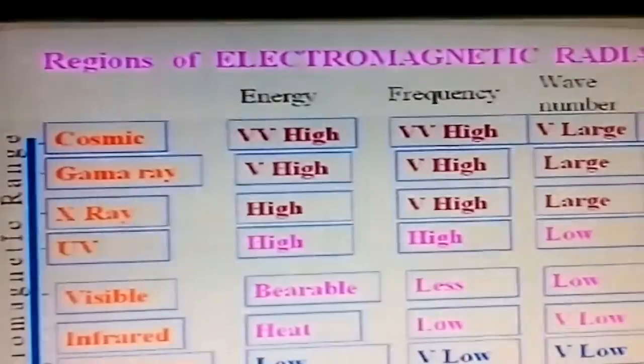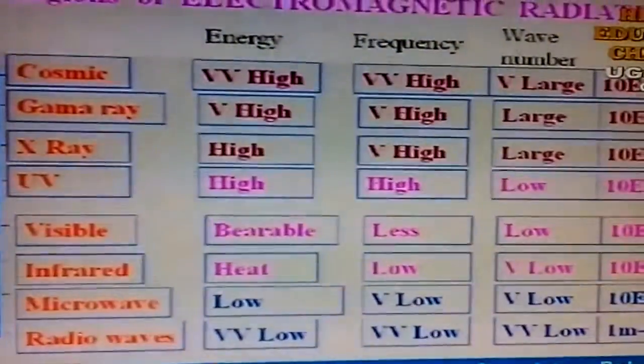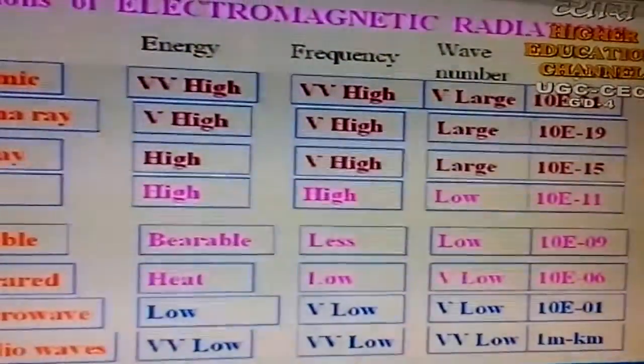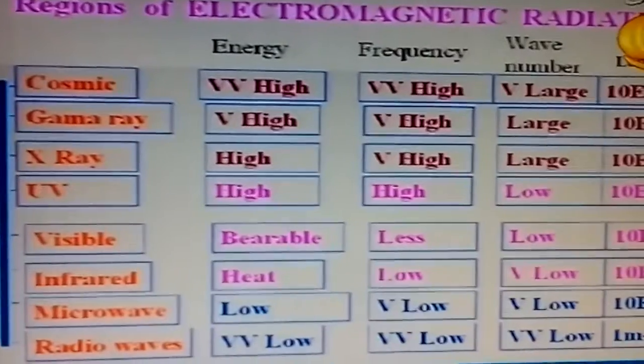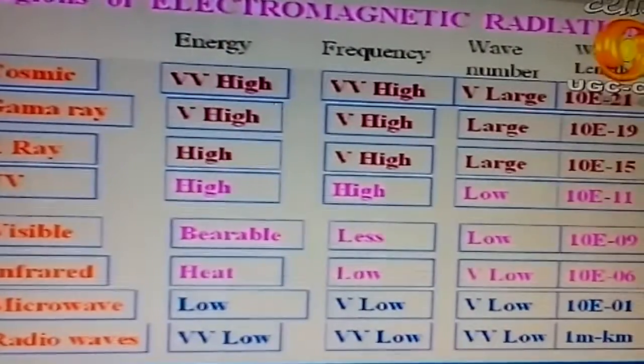Next is the radio waves. These radio waves are so large in wavelength that the wavelength ranges from kilometers to even 1000 kilometers. If a crest falls at this point, another may fall, say, beyond a hill. These rays are in general used for telecommunication.